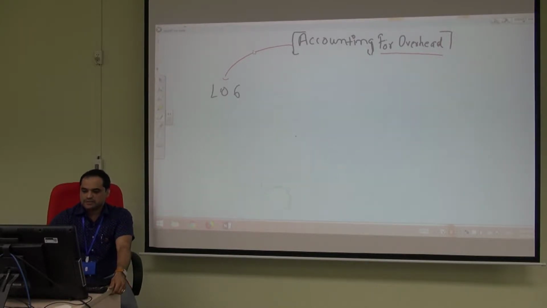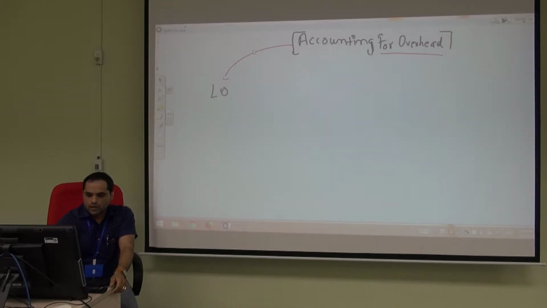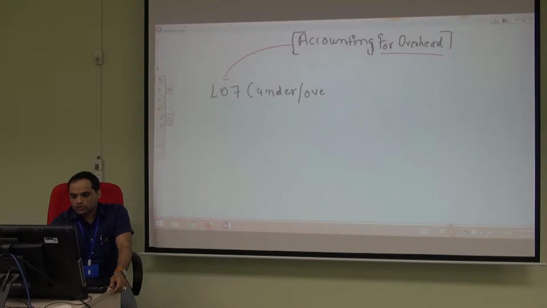Practice the activity that I sent you on your email. Now, learning outcome 7, which is under or over applied.